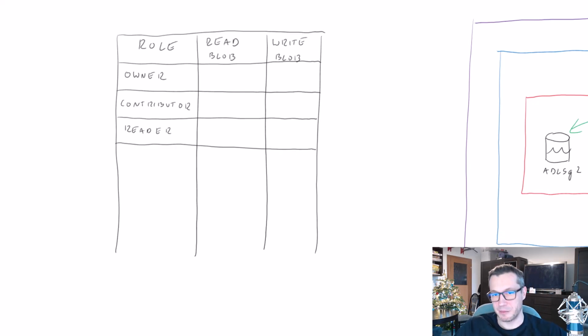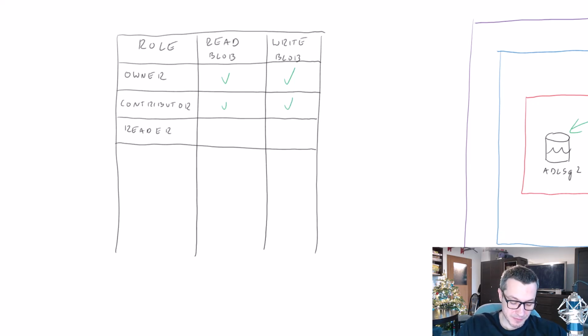All right. And based on what I told you, that the owner is super powerful, can do absolutely everything, you might think that, all right, so owner should be able to read our files and write them. The same for contributor, because these two differ only by the possibility of granting access.